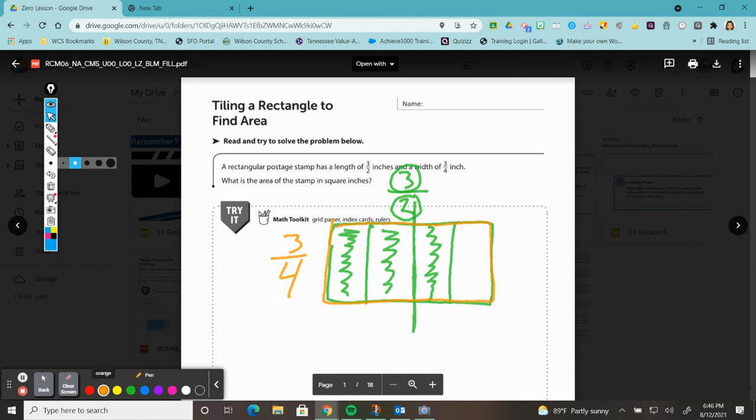I have my box, so I need 4 pieces, and I would shade in 3 of those pieces. Once I have done that, I would then take a look and see, is there an area where there are boxes that contain both colors?